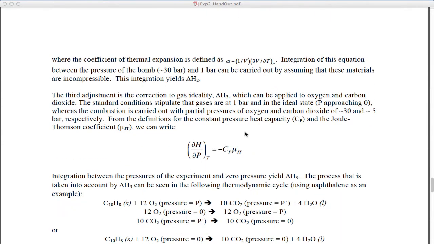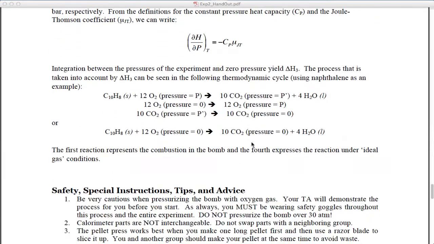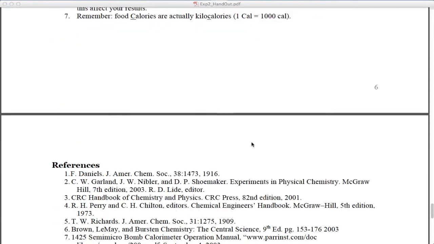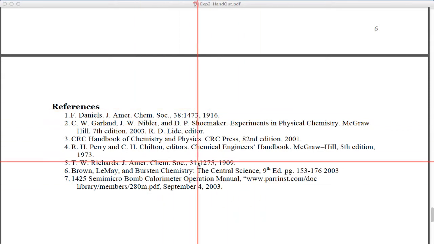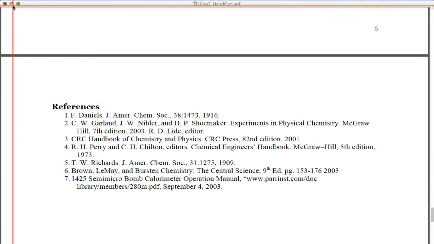I talk about some of those general correction terms here and provide some examples, as well as some references. I'll be back soon to give you more about week 2, which is thermochemistry ab initio calculations, and week 3, which is some of the data analysis.